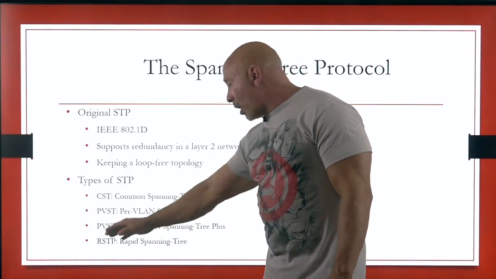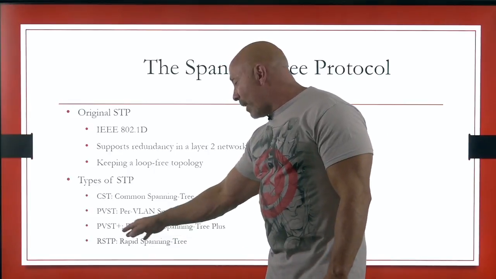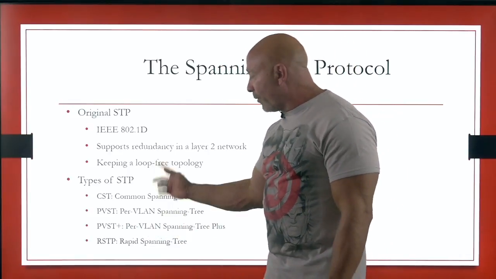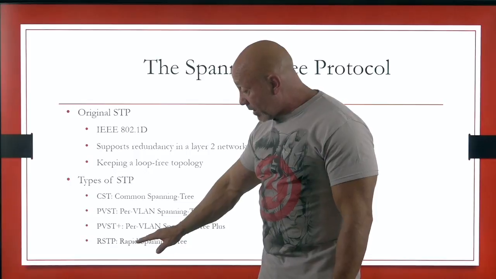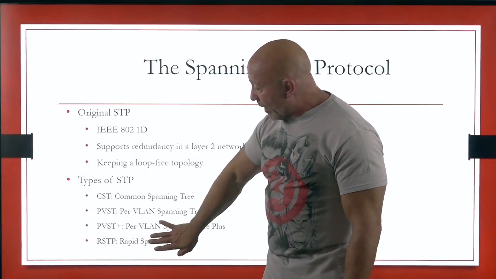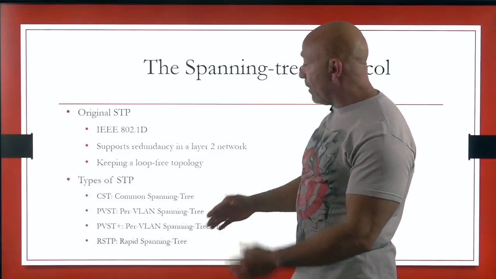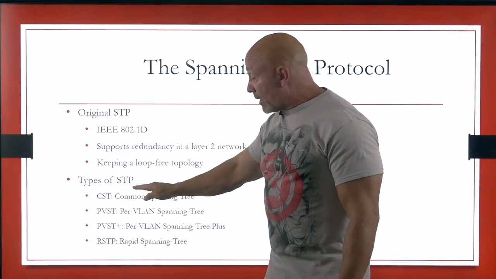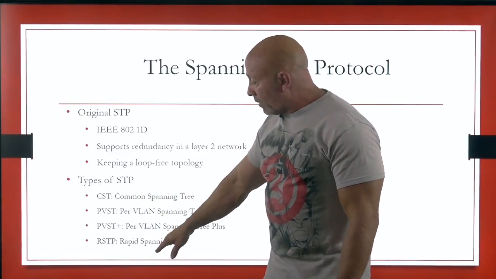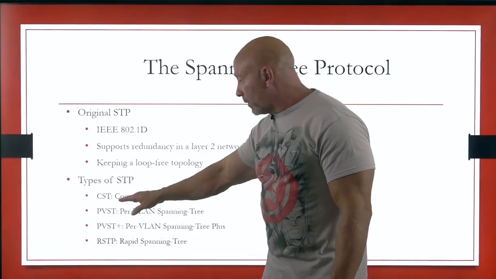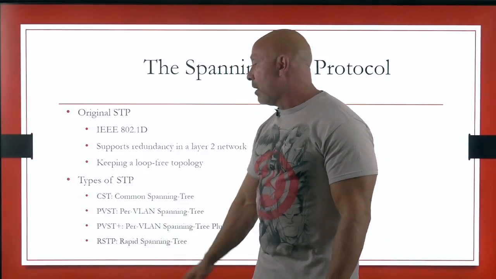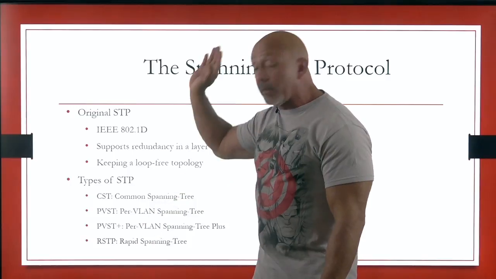So that's where the plus came in, where now we can do ISL or 802.1Q. Now the most common one that we want to use is Rapid Spanning Tree. It's a combination of both of these, and it is compatible with everything beneath it. If you use CST, you can't use it with anything else. But if you use RSTP, you can use it with everything else.